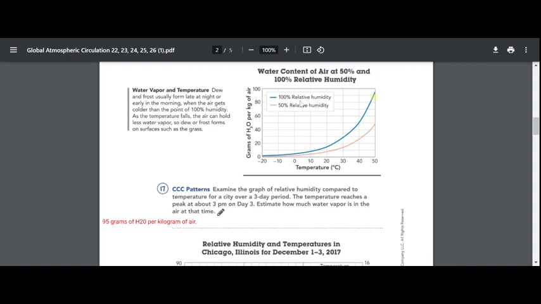So we know that the solid blue line represents the 100% relative humidity, and the dashed red line represents the 50% relative humidity. So if we follow the blue curve that represents the 100% relative humidity, we see that right about at this point, it reaches its peak.